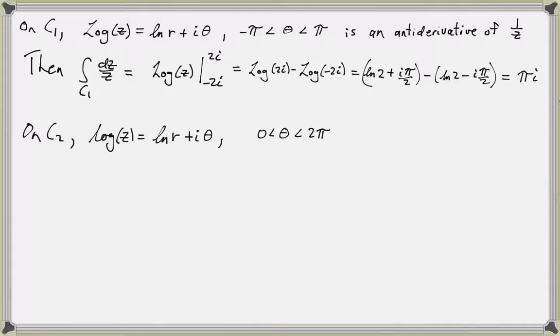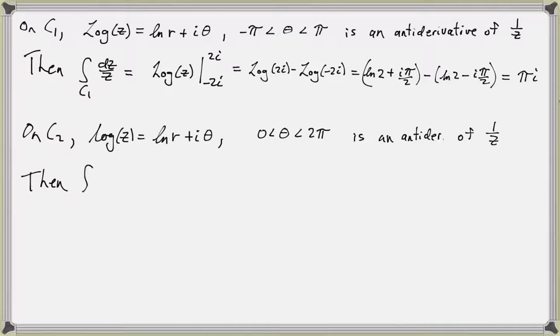So this branch will have a branch cut along the positive real axis, so therefore this function is defined and continuous and differentiable. This function is an antiderivative of 1 over z as well.